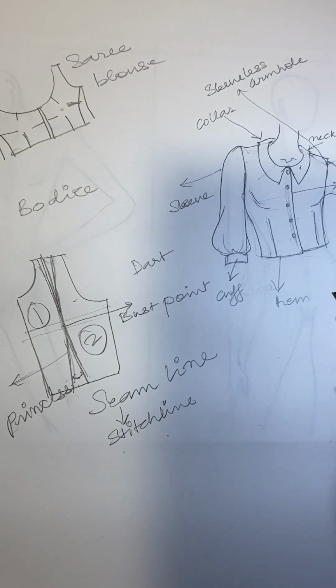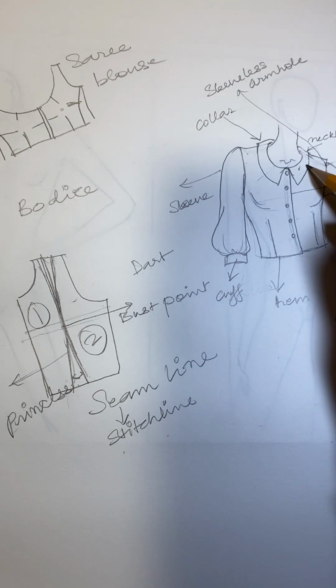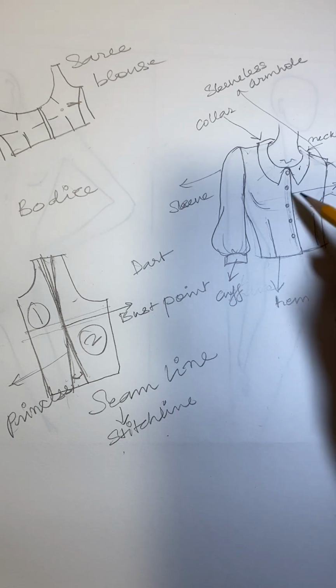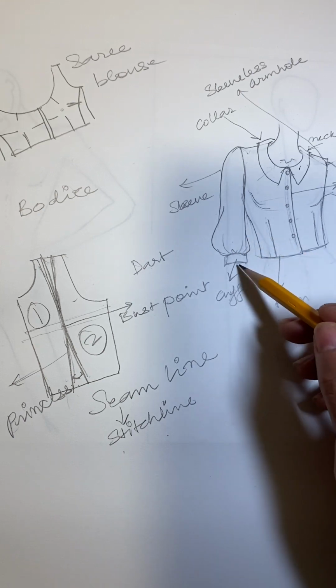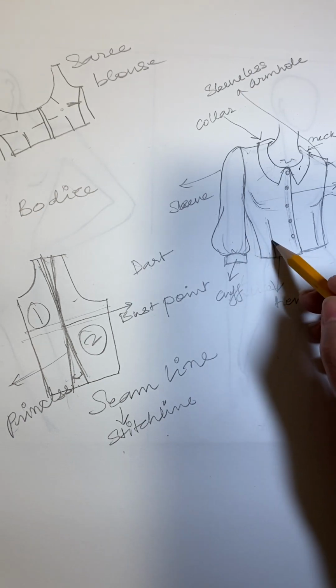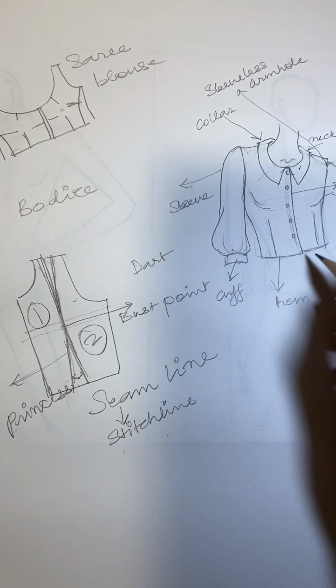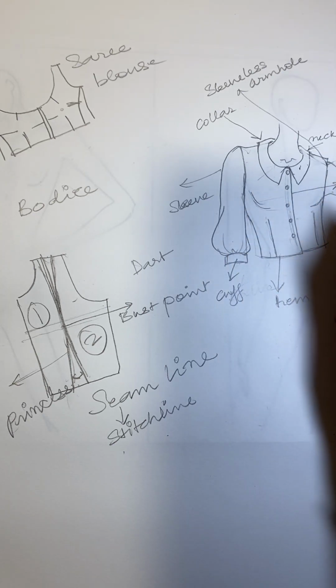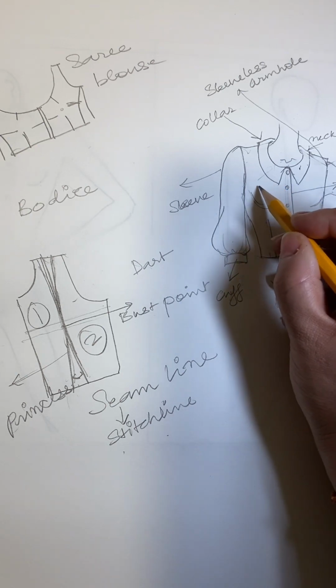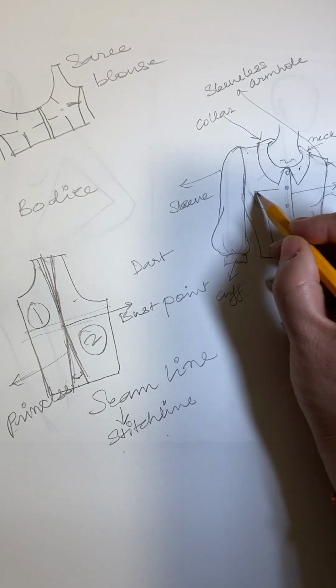So we have a neckline, a collar, a placket, a sleeve, cuffs, darts, and perhaps a pocket.